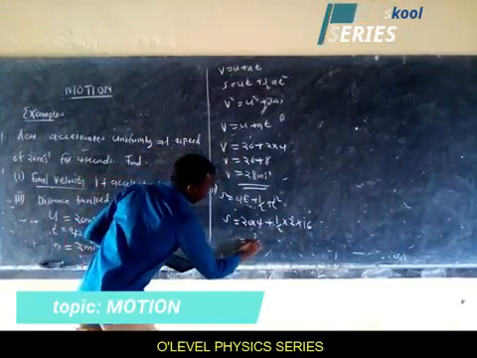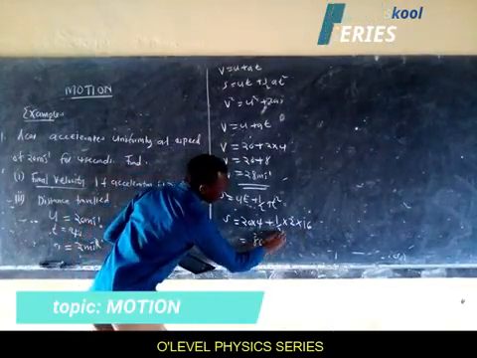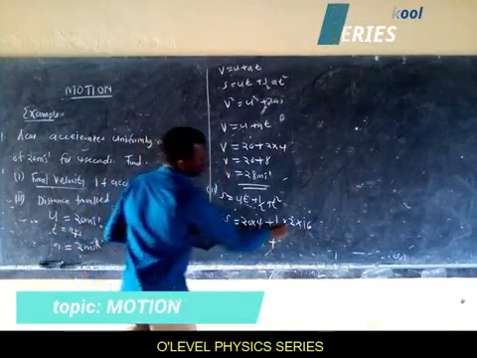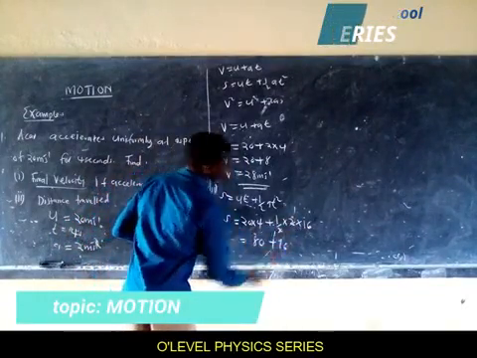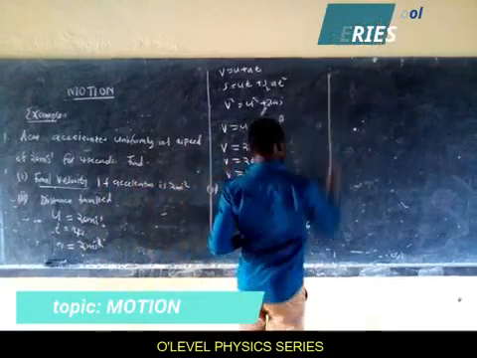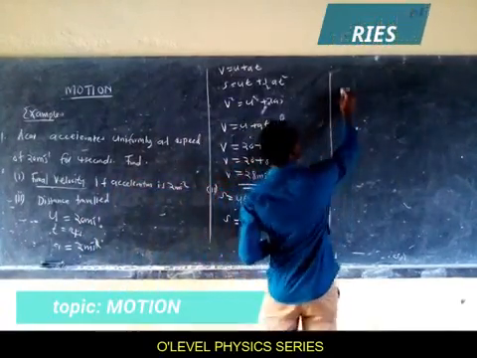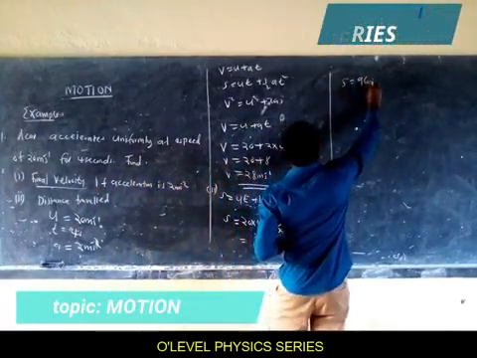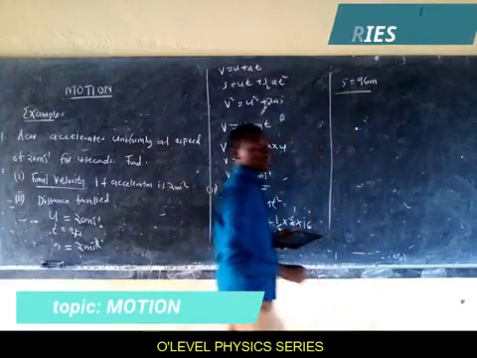That gives us 80 plus 16. So the distance traveled s is equal to 96 meters.